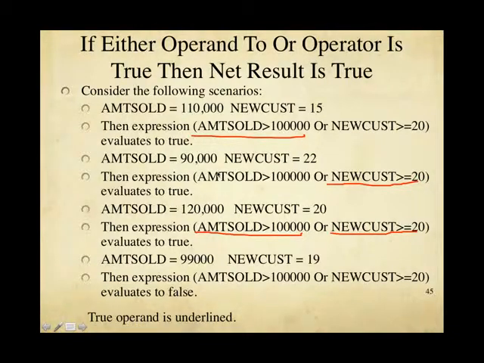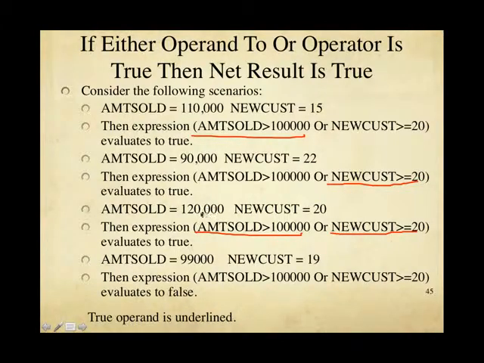Second scenario is that amount sold is 90,000, new customer is 22. So in this case, this condition becomes false, but this condition is true. So our design must make the OR operator behave in a way that this whole thing is true.